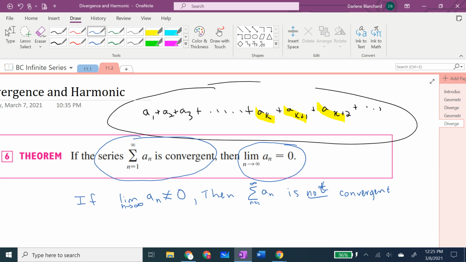The theorem said if your series is convergent, then you must be heading to 0 for the terms you are adding on. You must be. So if the terms aren't heading to 0, does that mean that it cannot converge?